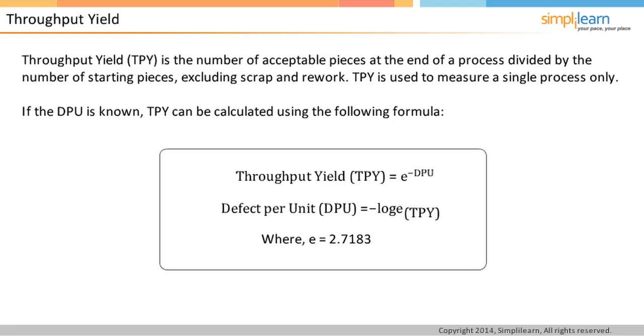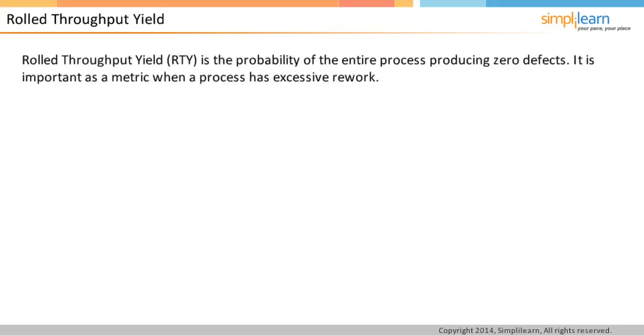Rolled throughput yield, or RTY, is the probability of the entire process producing zero defects. RTY is the true measure of process efficiency and is considered across multiple processes. It is important as a metric when a process has excessive rework.